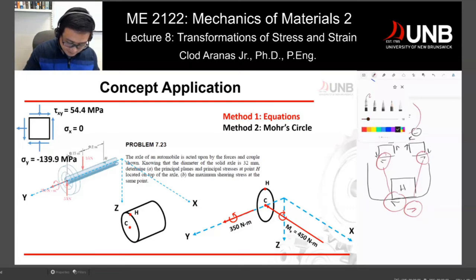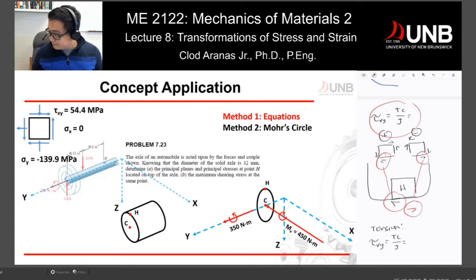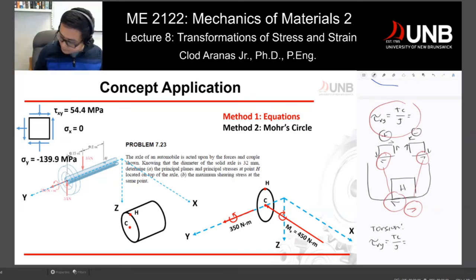So now we have torsion, which produces tau xy, and that's Tc over J. The equation for J would be pi c raised to 4 divided by 2, and once you calculate it, you're going to get 2T divided by pi c raised to 3.